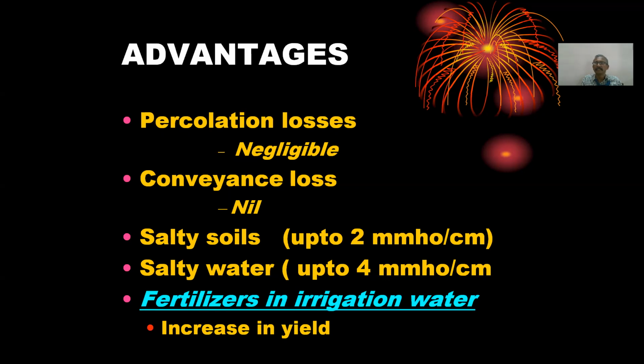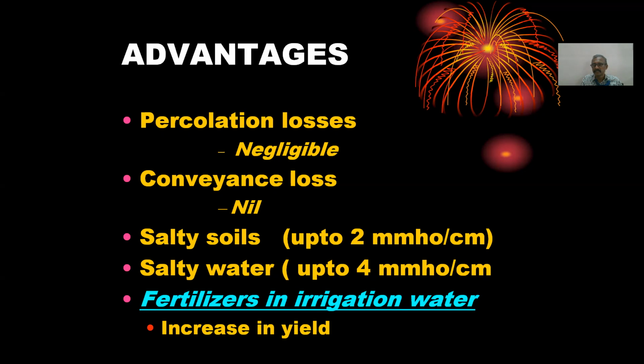And lastly, one big advantage, and that is what is driving the popularity of drip irrigation all around the world, is that fertilizers can be mixed with irrigation water and applied.